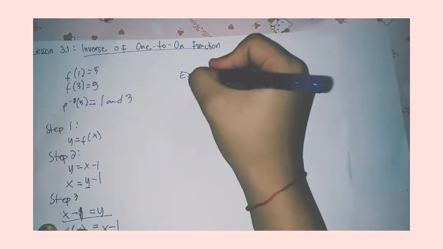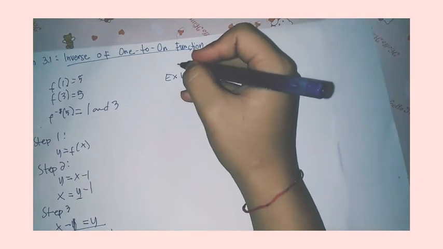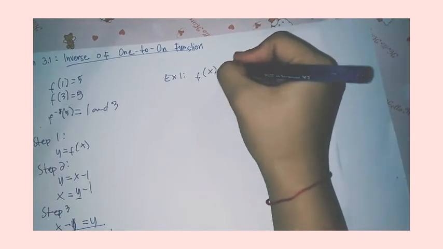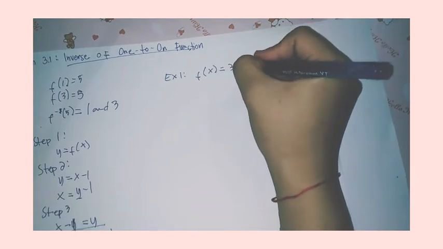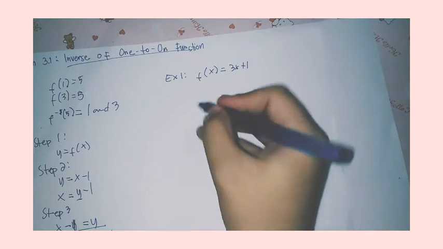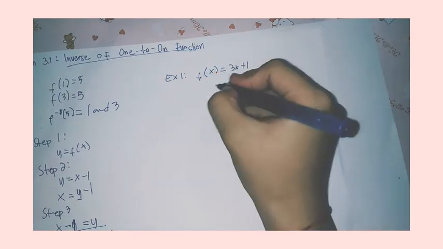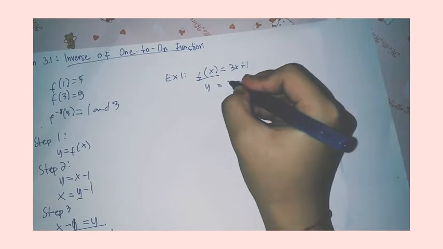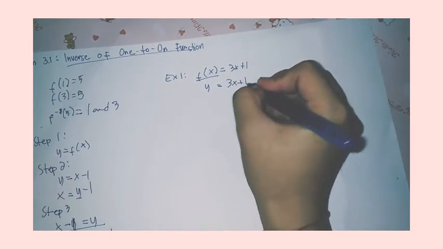Example number 1. f of x is equal to 3x plus 1. We will find the inverse of this one-to-one function. The first step is y is equal to 3x plus 1.